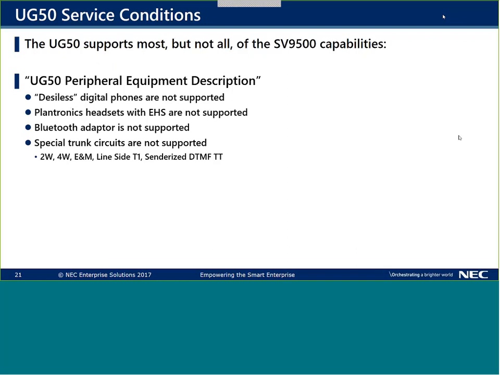So those are phone type restrictions on the UG50, but we also have some trunk limitations, and it's really based on the type of cards we can put into the UG50. So we can put central office trunk cards and PRI cards into the UG50 for your more traditional T1 and ISDN type circuits.